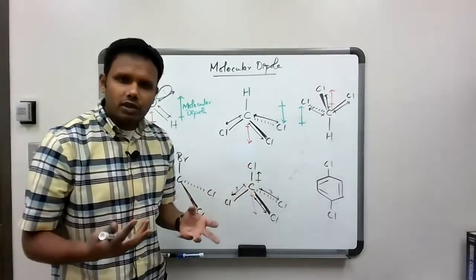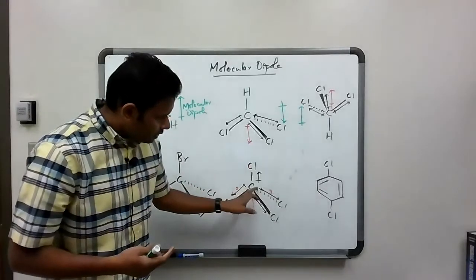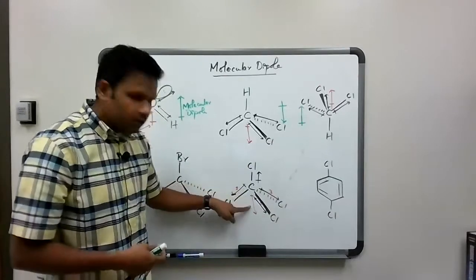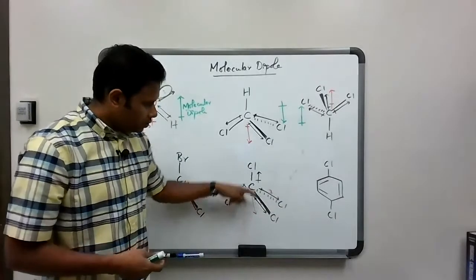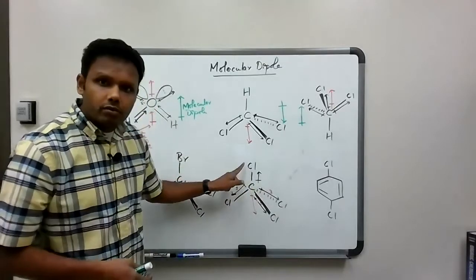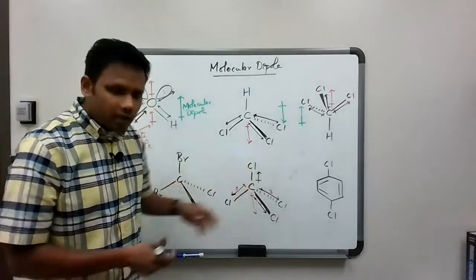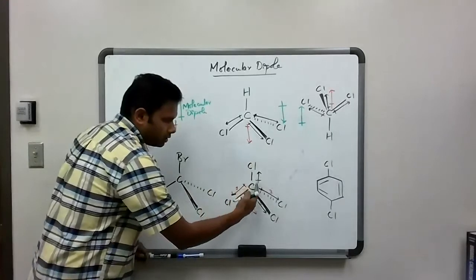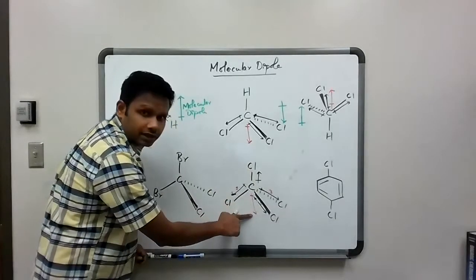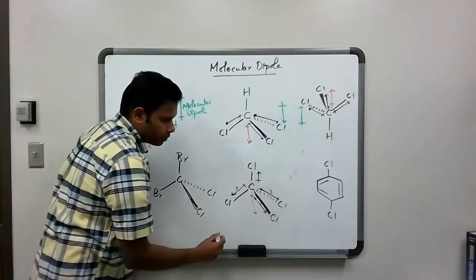Or the other way to think about it is each of these carbon-chlorine bonds contributes only 1/3 to this composite dipole. Okay, so 1/3, 1/3, 1/3, that's 1, and this is one carbon-chlorine bond, and they actually are pointing in opposite directions. Notice how this composite dipole is pointing down, the other composite dipole is pointing up.